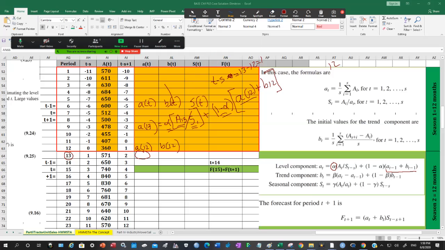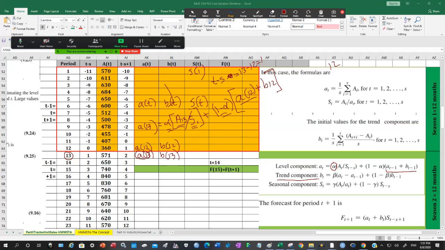Okay. This is S of 1. So I can find A of 13. Then I can find B of 13 using this formula right here.